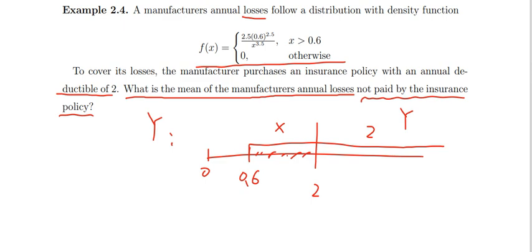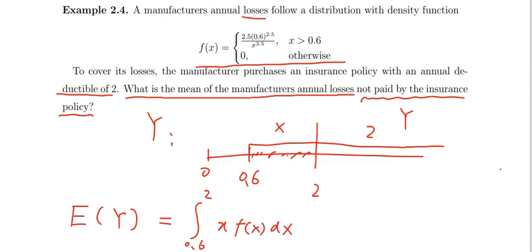Once we understand this, such a problem becomes easy. So what is Y? Y multiplies the density function of probability. Between 0.6 and 2, Y is X, then density function f(x) dx, with X from 0.6 to 2.